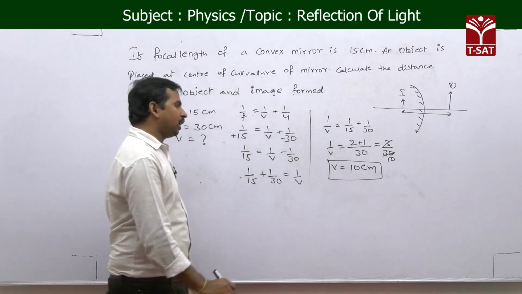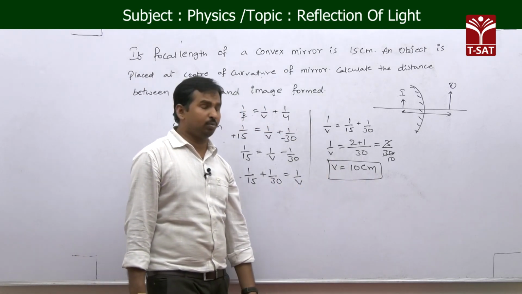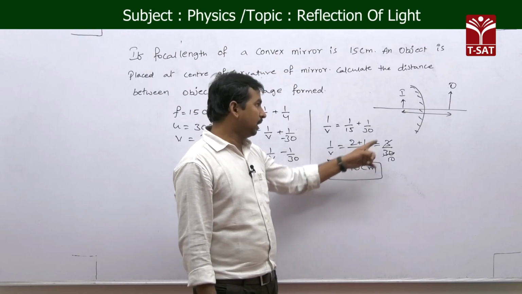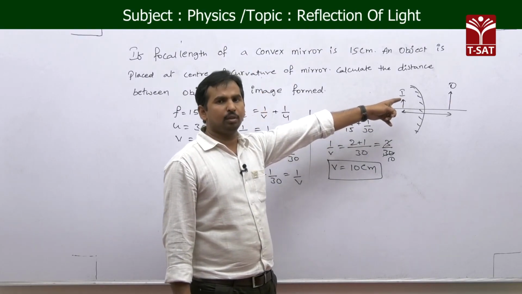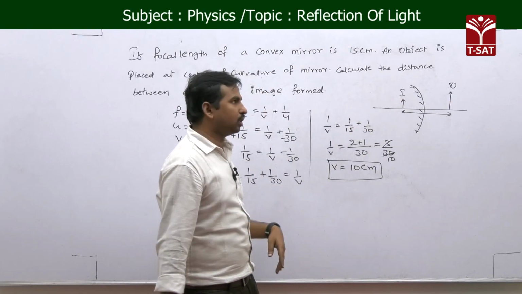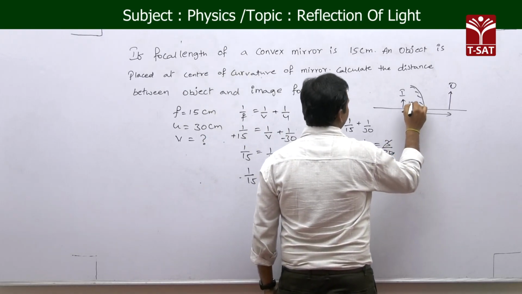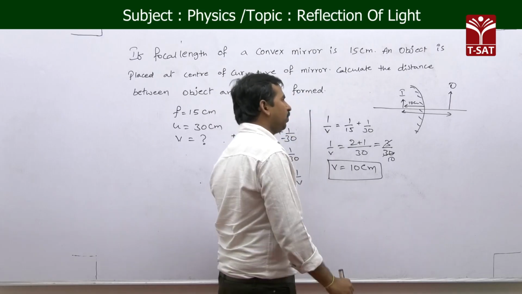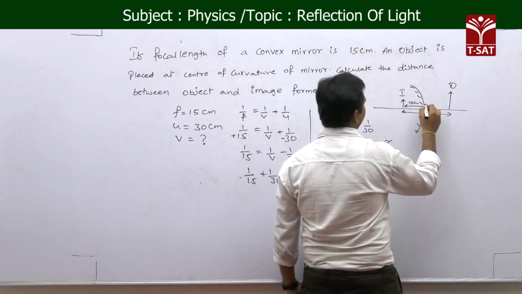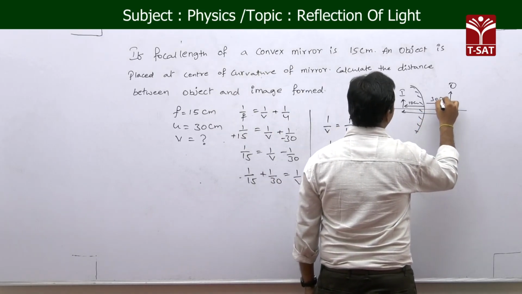As we are getting the image distance as positive, it means the image is formed behind the mirror. According to the definition of image distance, it is at a distance of 10 centimeters from the mirror. We already know that the object is at a distance of 30 centimeters from the mirror.